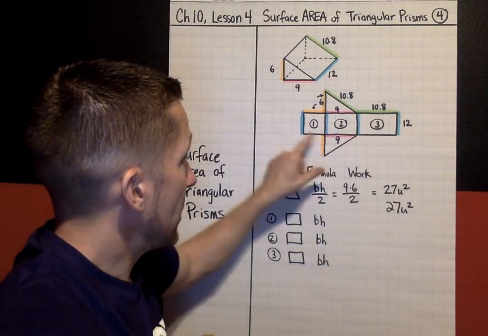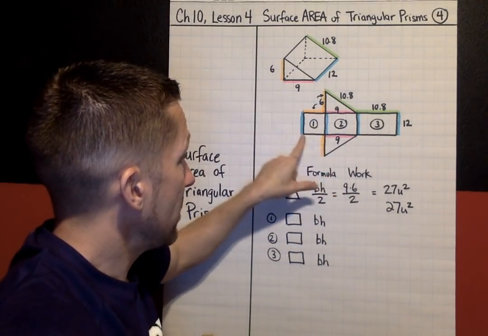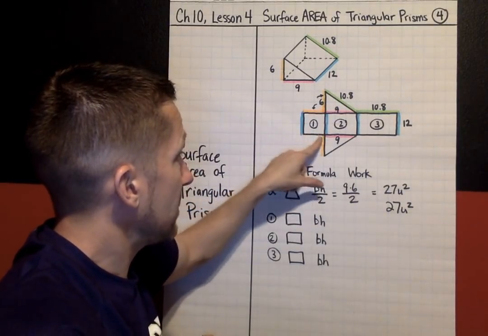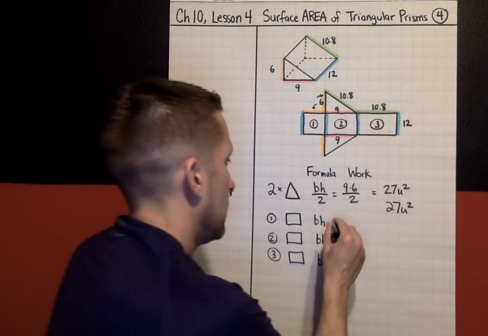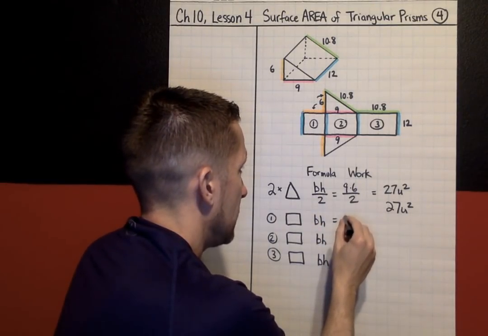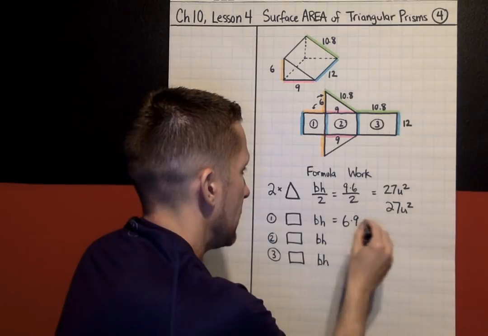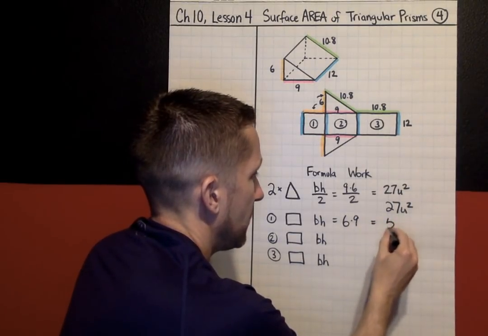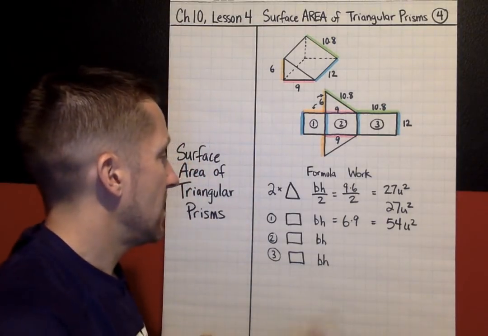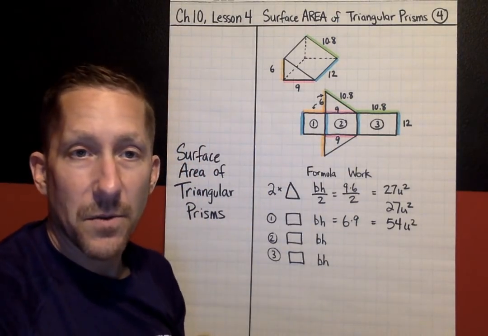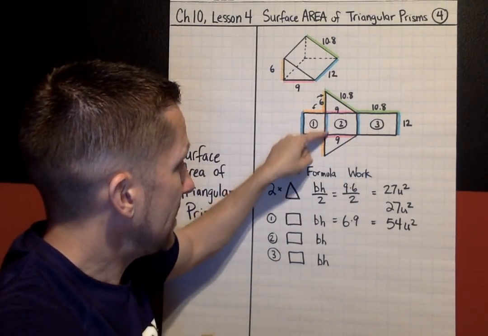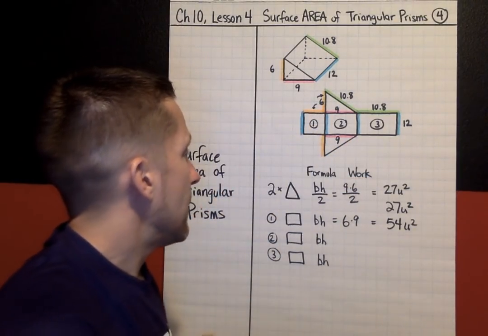So now let's look at our rectangles. Rectangle 1, base times height. This is a 6, this is a 9. So for rectangle 1, base times height is 6 times 9, which turns into 54 units squared. Look at rectangle 2 in the middle. The base is 9, the height is 12.